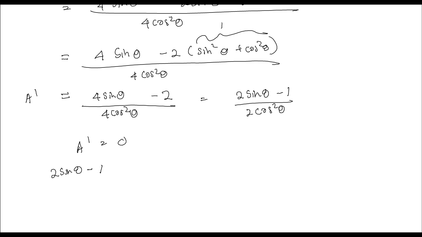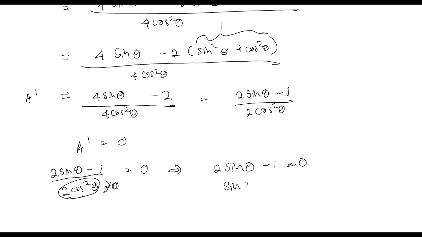That gives me 2 sin theta minus 1 over 2 cos squared theta equals 0. Because the denominator is not equal to 0, it's a number greater than 0, you leave it 2 sin theta minus 1 equals 0, sin theta equals 1 over 2.